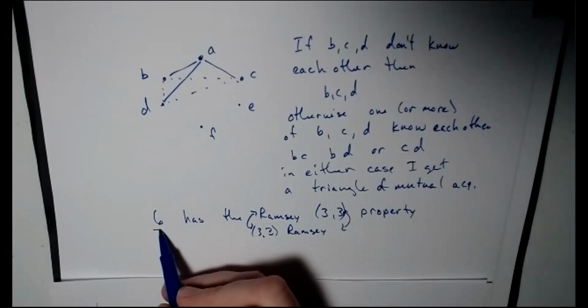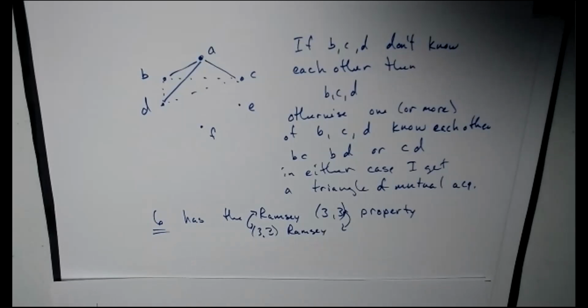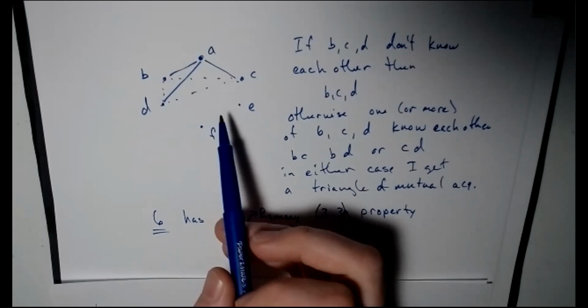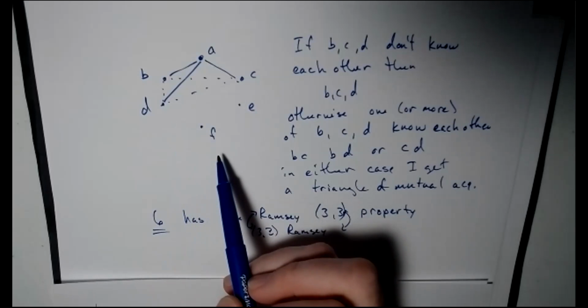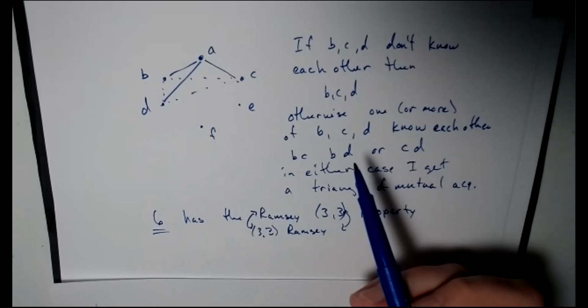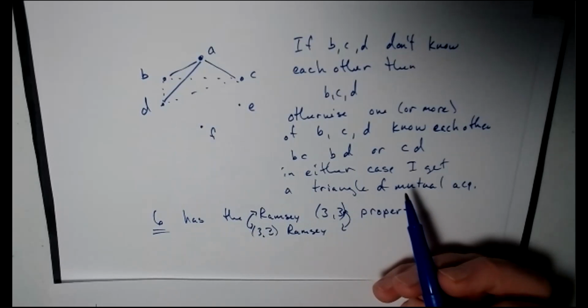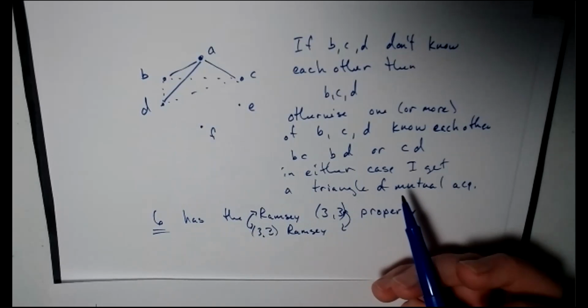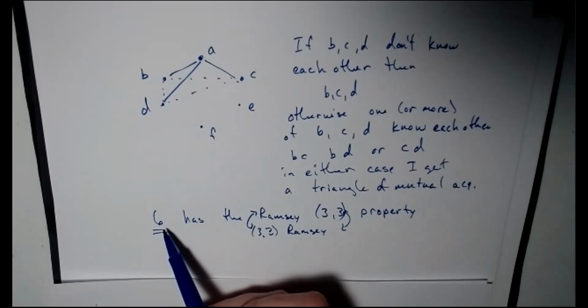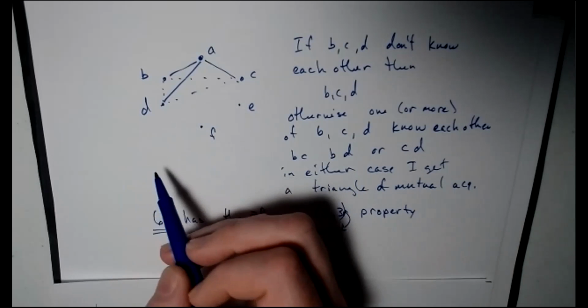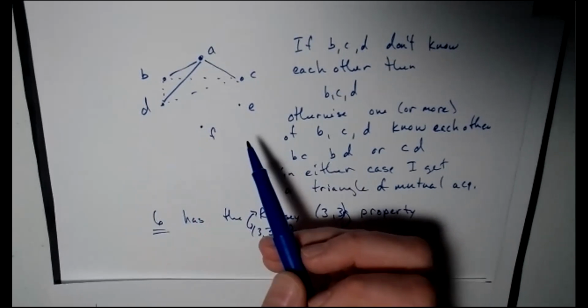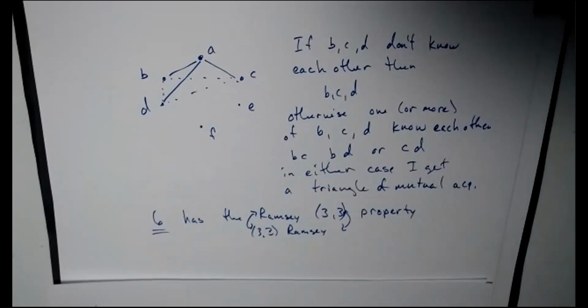And a number having the property means that any group of 6 people at the party will have the property that either 3 are mutual acquaintances in this case, or 3 have never met. And I mean, it could be both, right? It could be the case that A, B, and D are mutual acquaintances and C, E, and F have never met. We're not worried about that. When I say either, I don't mean it exclusively in any way, shape, or form.